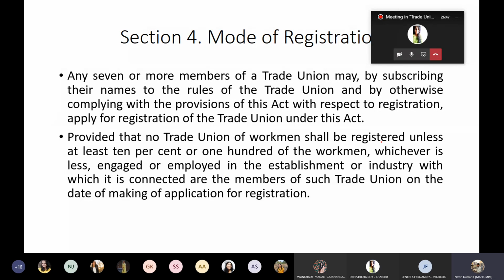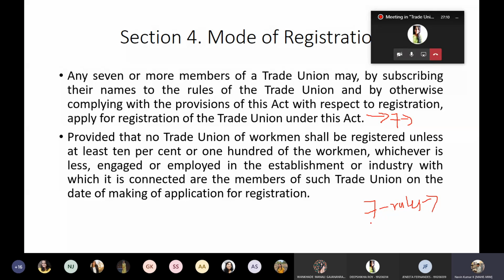This means that 7 members should subscribe their names to the rules of the trade union. They are the subscribers to the rules of the trade union.